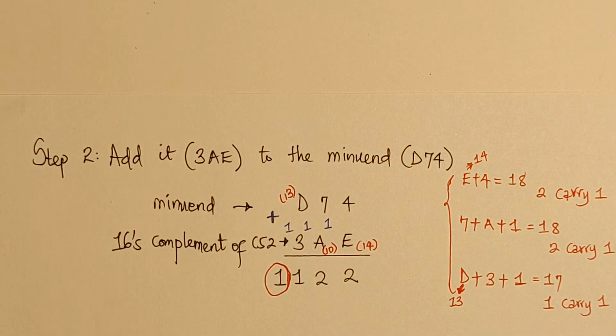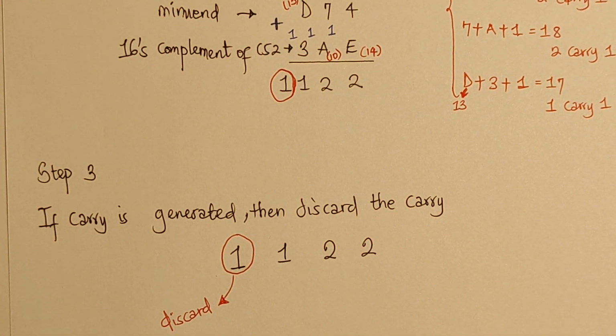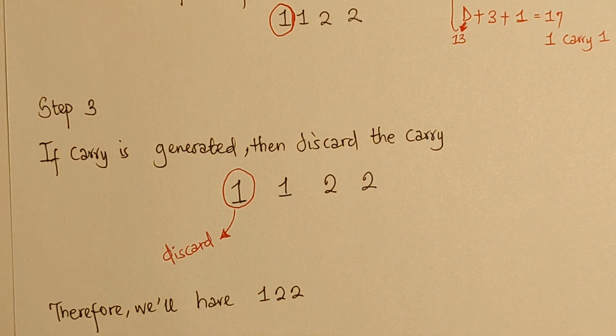So to that, we are going to the next step, which is step 3. Now in step 3, if carry is generated, then discard the carry. So we are bringing down the value we've gotten for step 2 and put here. So we have 1122. So to that, we are going to discard this 1. And when we discard it, our answer is going to be 122.